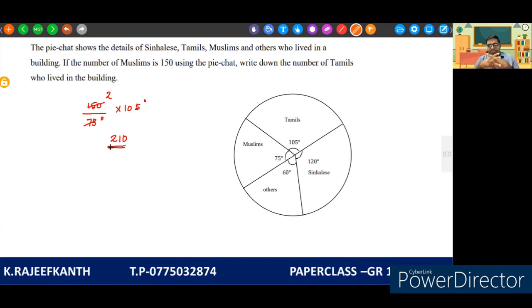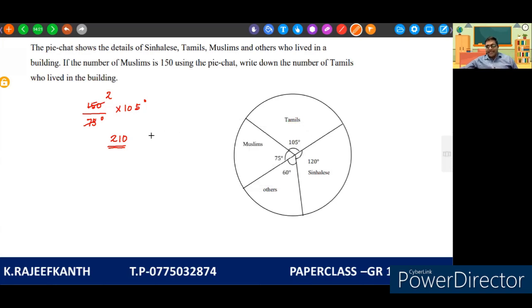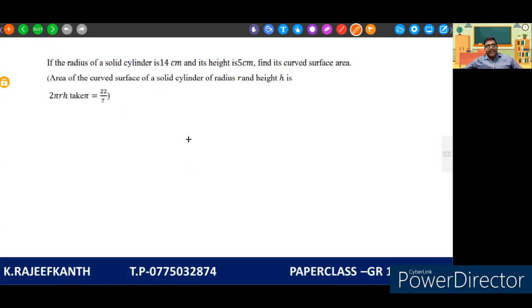Here the number of Muslims is 150, and the center angle of the Muslim sector is 75 degrees. That means we are representing the number of Muslims by 75 degrees. So now we have to find the number of Tamils. If 75 degrees is equal to 150, then 105 degrees is 210. The next one.